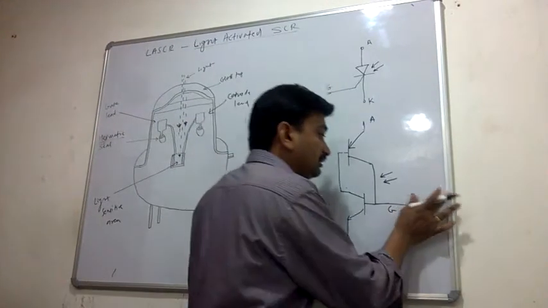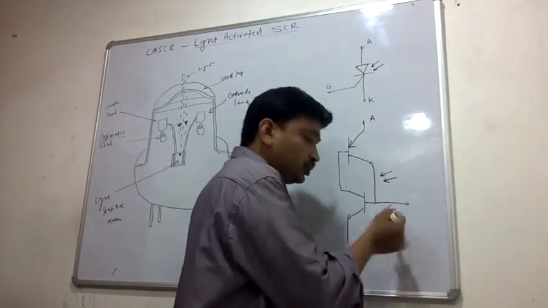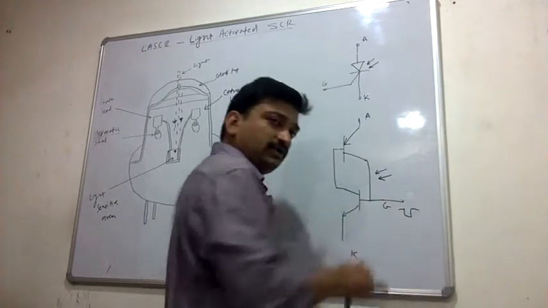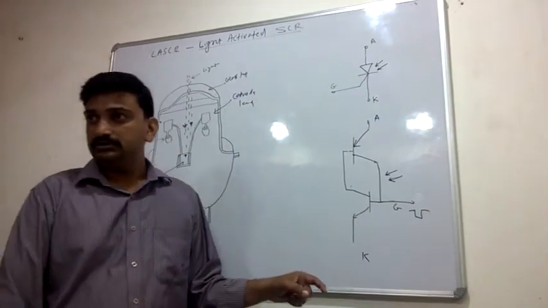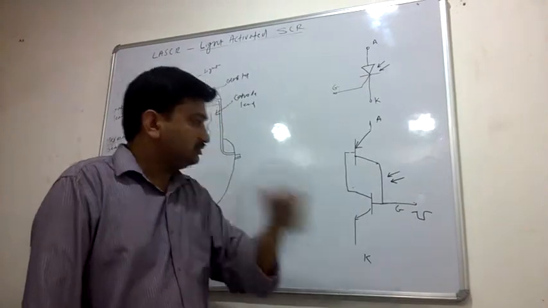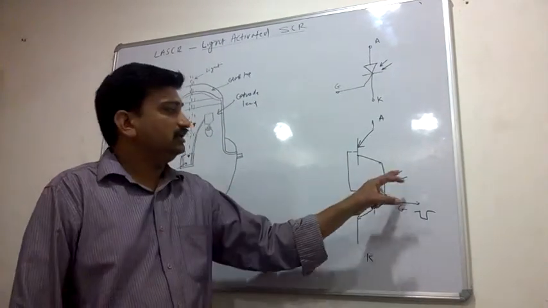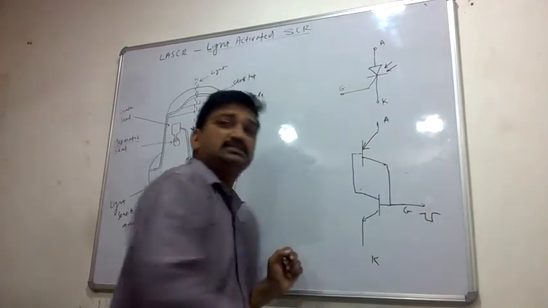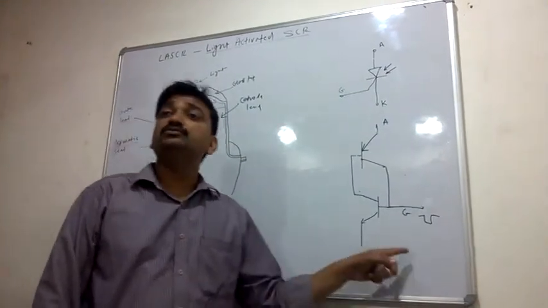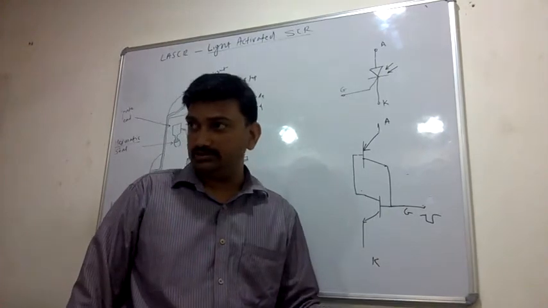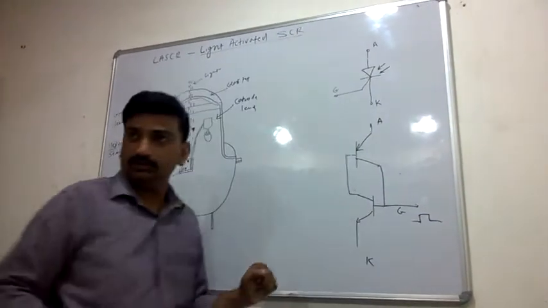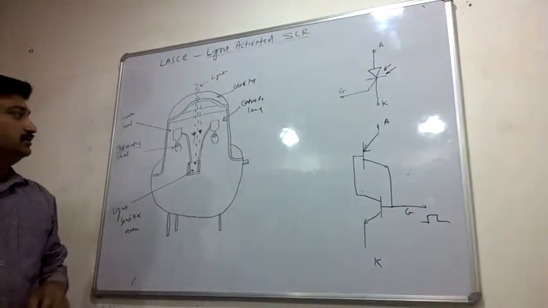Next, if you want to stop it, if you provide a negative pulse here, you can stop the working of the LASCR. So this is the useful use of the gate here. If you want to turn on the LASCR without light, you can use the gate terminal to turn it on. This is the function of the gate terminal in the LASCR.